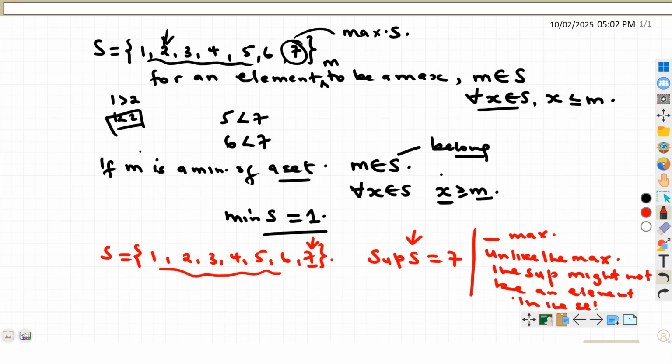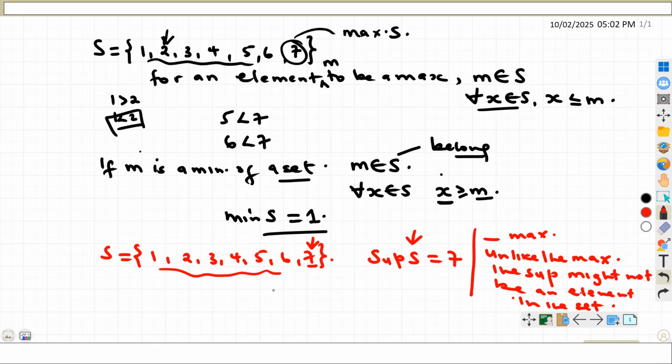So the supremum, that number which is greater than or equal to the elements of the set S, might be part of the set or may not be part of that set. We shall get to look at some different examples where that is possible.